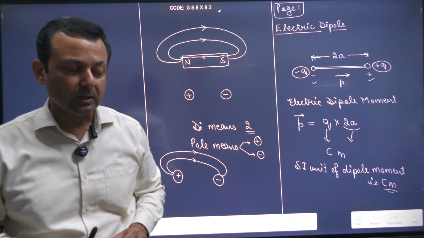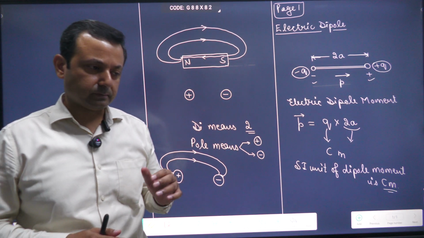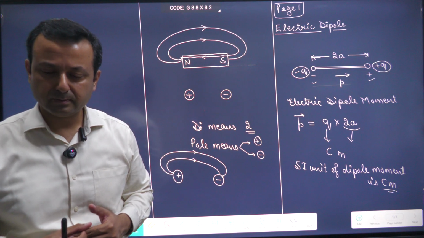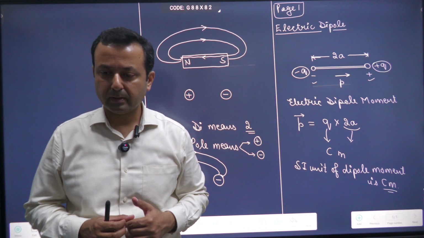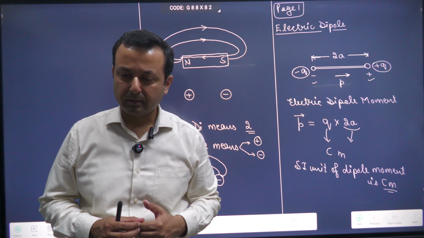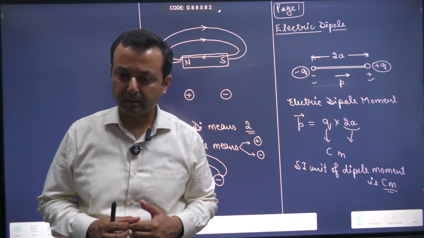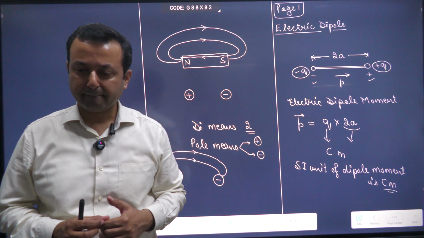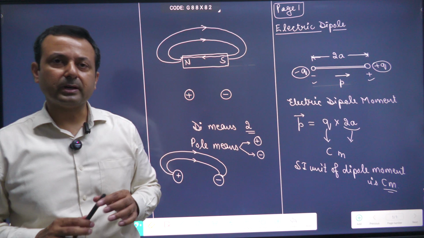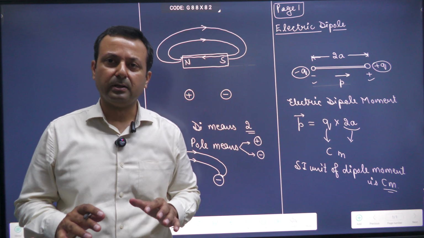Okay. Then do you have any idea about electric field? The field around. I don't understand the question. Okay, let me tell you. Actually, I am asking about what is an electric field.